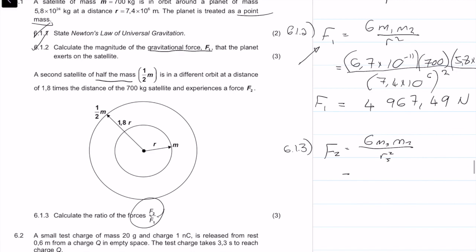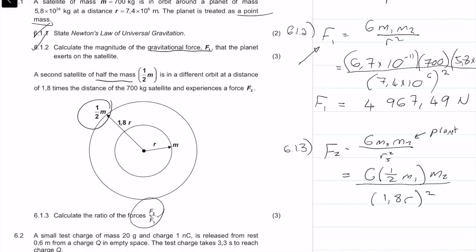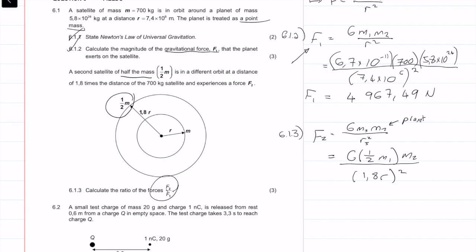And this time we have G, m3 is going to be half times m1, and m2 is just going to be the same, so this 2 refers to the planet. Then I'm going to use 1.8 times r, so r3 equals 1.8 times r. So instead of putting in the values, I'm just filling out the equation in ratios.